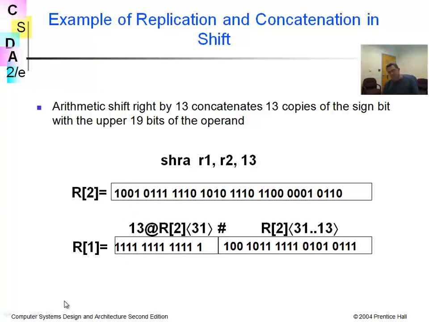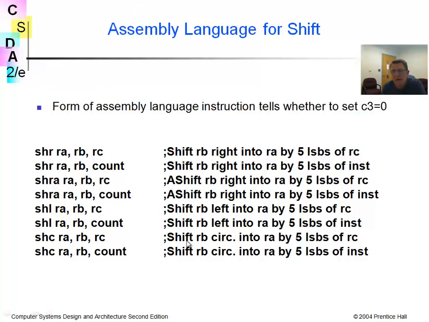All 0s. And here are some examples of formal assembly language instructions. Shift right RA, RB, RC. And this means shift RB right into RA by the 5 least significant bits of RC, whatever is in the RC field, meaning in the RC field, right? Same thing, when it says count, that's in the 5 least significant bits of the instruction that comes in.